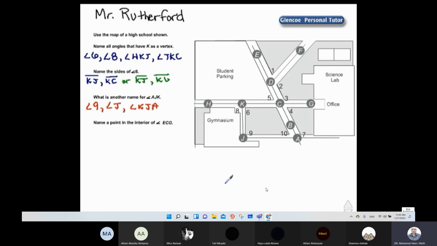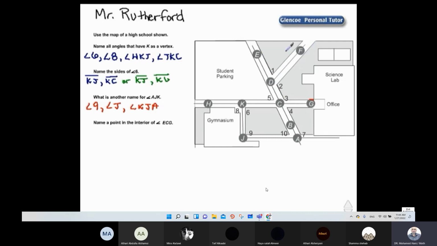Name a point in the interior of angle ECG. So let's locate angle ECG. Here's ECG. So it says that we need to name one point on the interior of this angle. Well, that's anything that's up in this area.